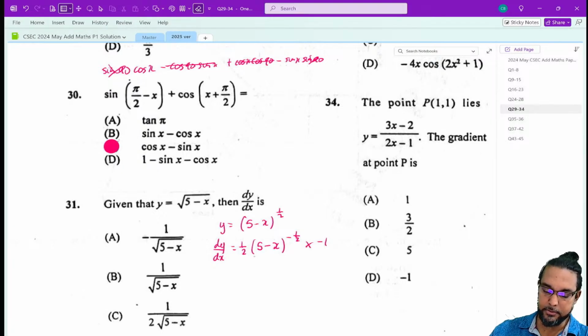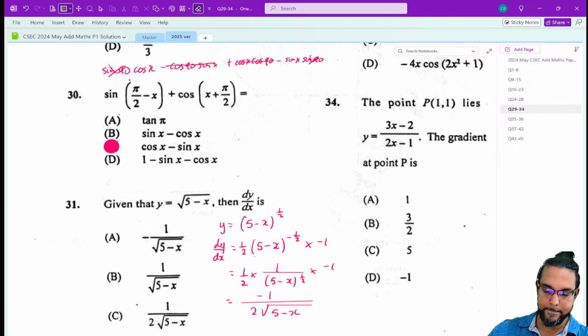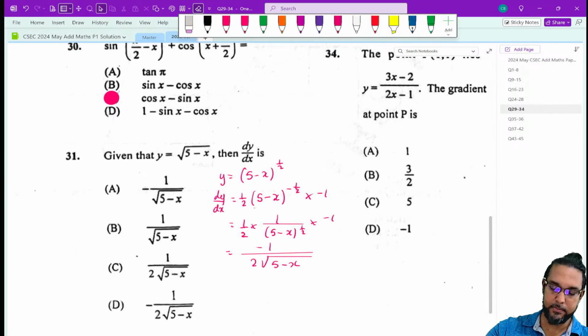So we're going to have a half multiplied by 5 minus x to the power of minus a half, then by minus 1. So you could have minus 1 all over 2 by the root of 5 minus x, which I believe should be option D.